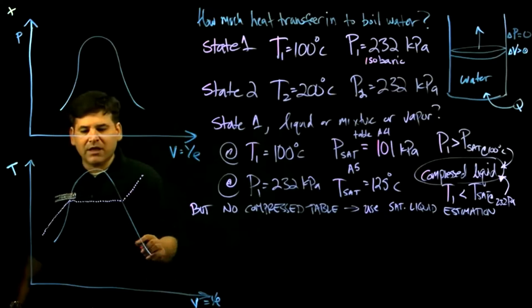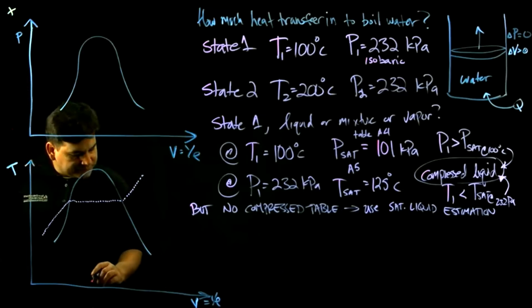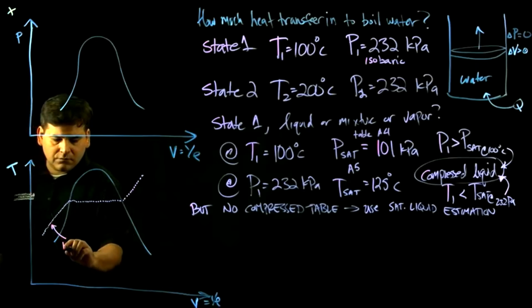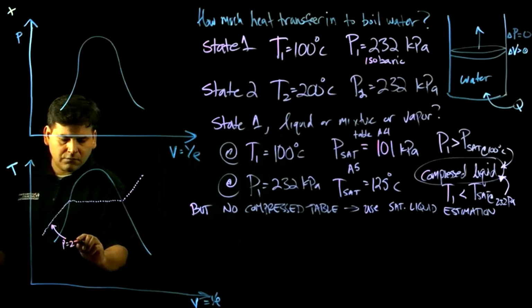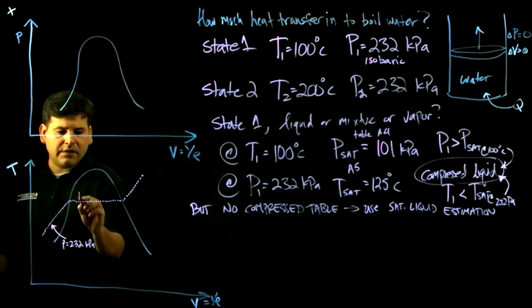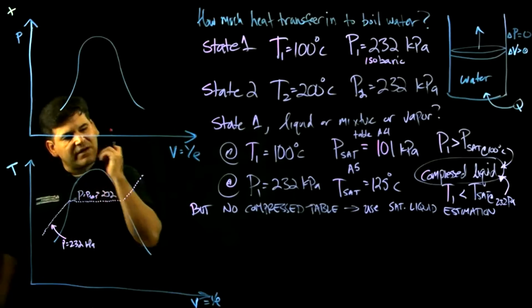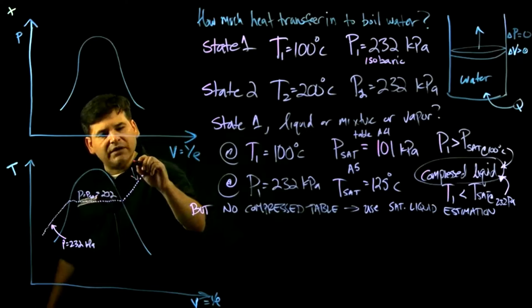So this will be the line where here it's 232. Here it's P equals Psat equals 232. Here as well, P is superheated.